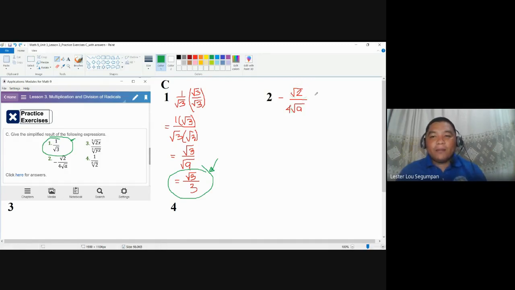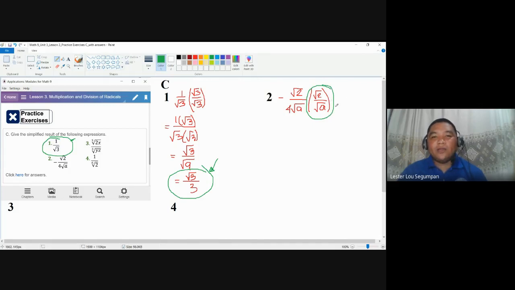To look for our multiplier, we simply are going to multiply this by the same radical expression here, square root of a. Right? You may include 4 if you want, but later on it will just be simplified further. No need for that. Okay? In the numerator, if you say I will also multiply this here by square root of 2 because they have the same, take note that this multiplier is not 1.